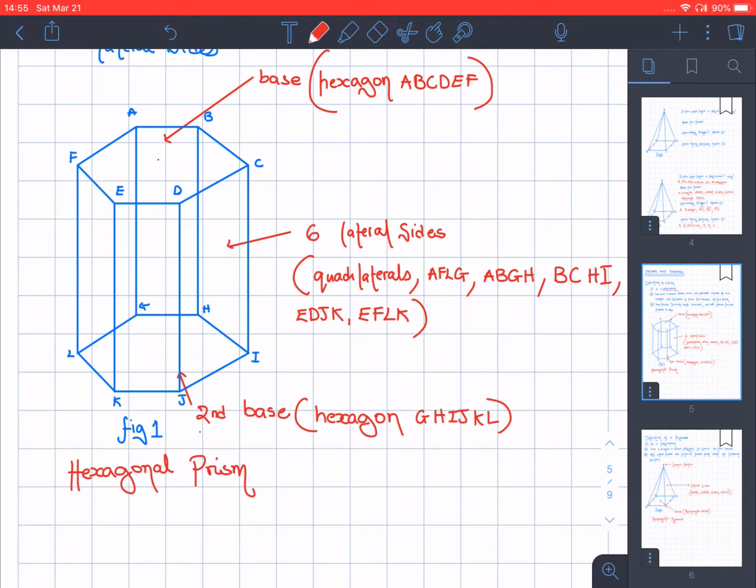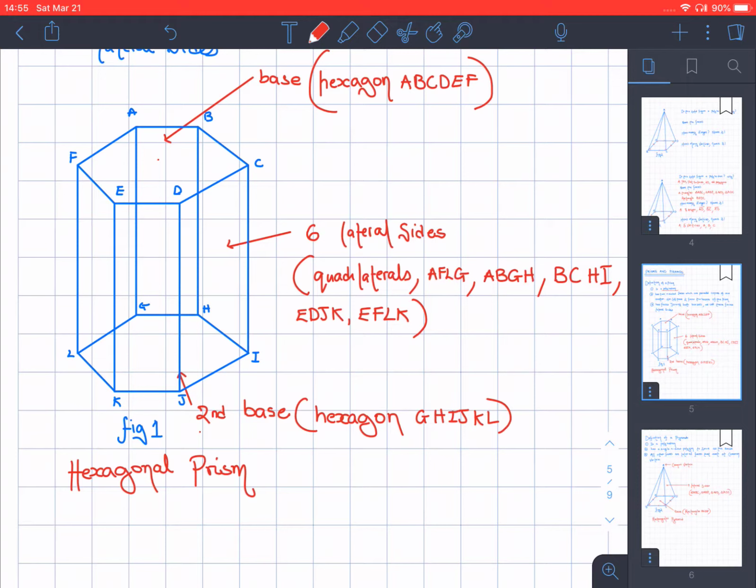If I try to make any of the rectangles a base, even though they're parallel to their opposite sides, I don't have a straight face joining both. So I have to go past two faces to get from somewhere like ABGH to EDJK. And so you see where the problem is. So you see why I can only select the top and the bottom as our bases.